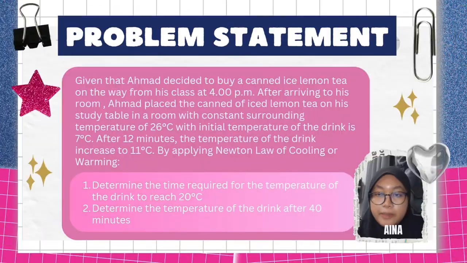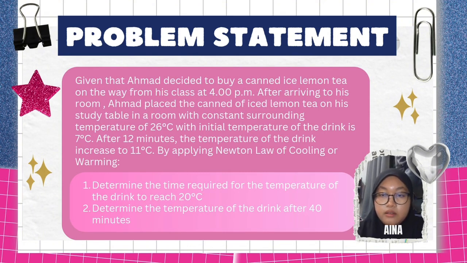For this problem statement, we consider a real-life situation involving Ahmad. At 4 o'clock in the afternoon, Ahmad finished his class and decided to buy a canned iced lemon tea from a vending machine on the way back to his room. After arriving at his room, Ahmad placed the canned drink on his study table in a room with a constant surrounding temperature of 26 degrees Celsius.